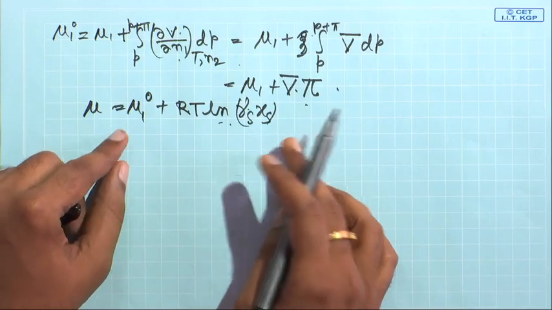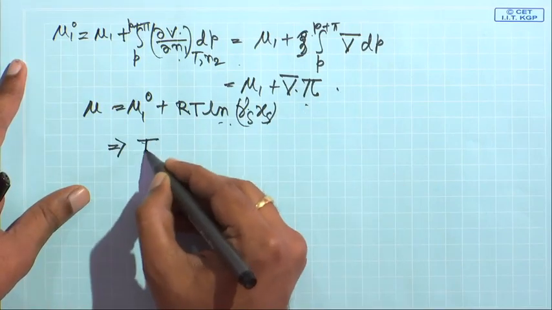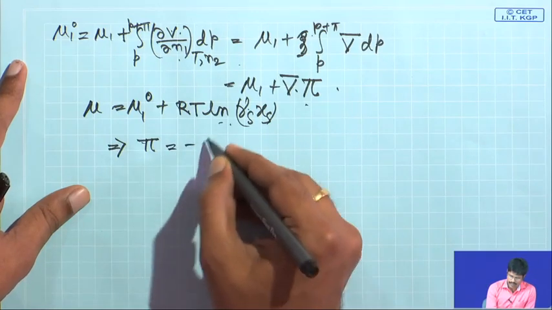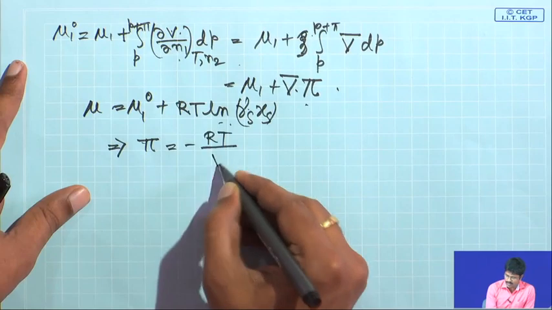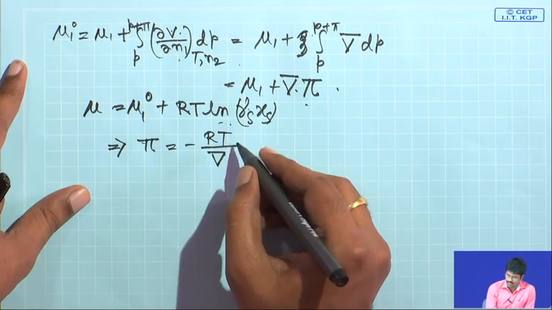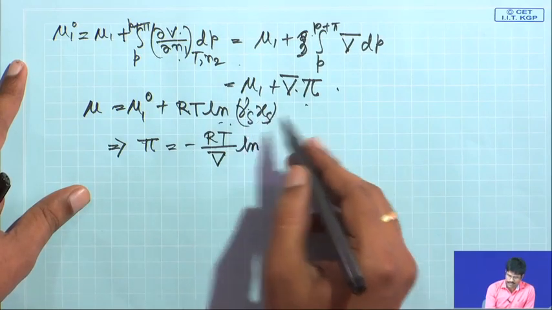So if you correlate these two, then your pi becomes equal to minus RT by V bar into ln of gamma s into x s.